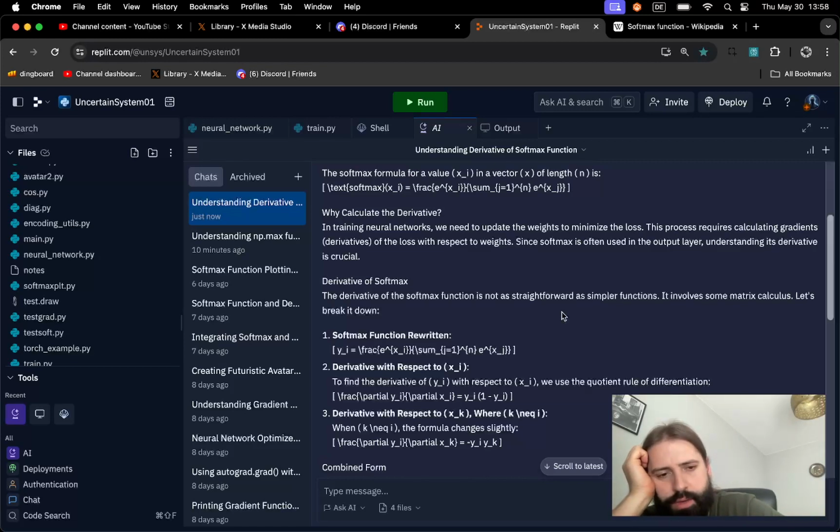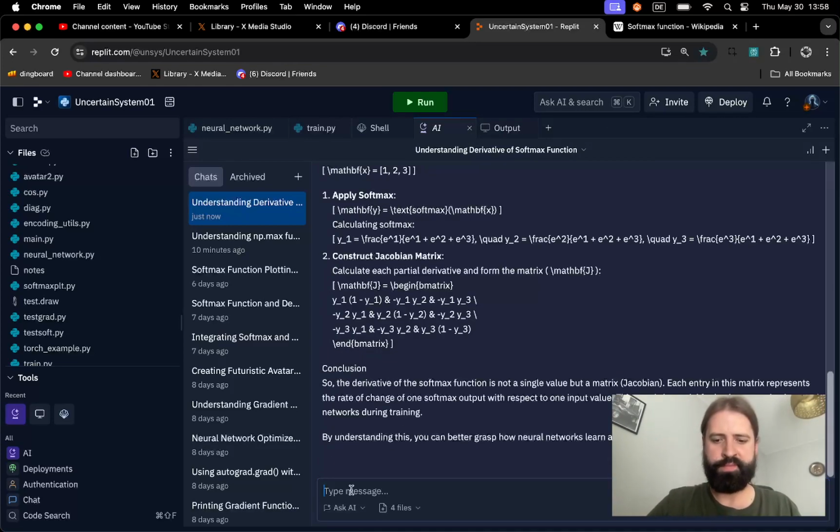But how does grad account for these, right? So do functions like grad from autograd work well with softmax?